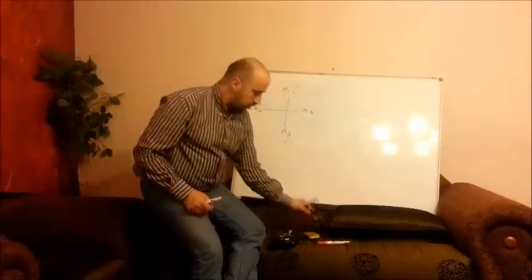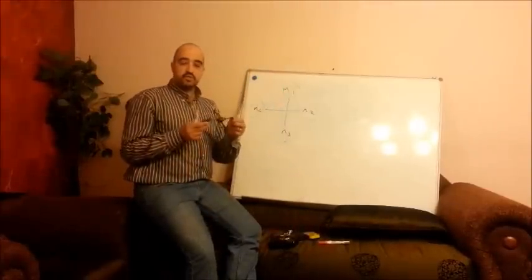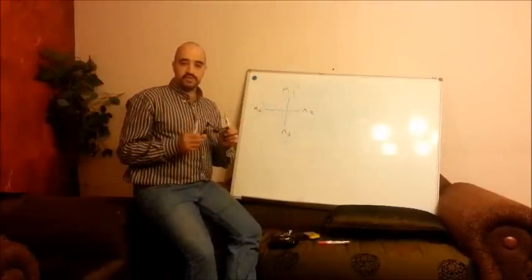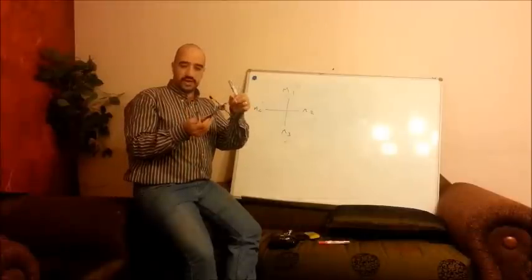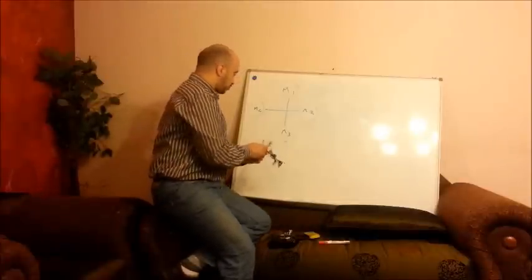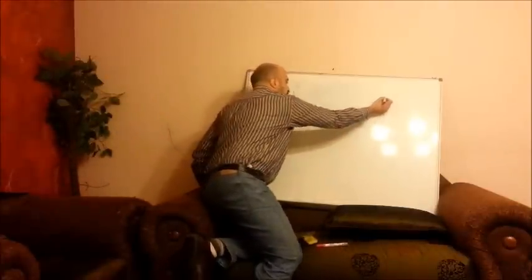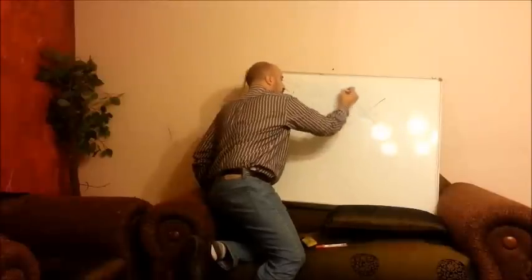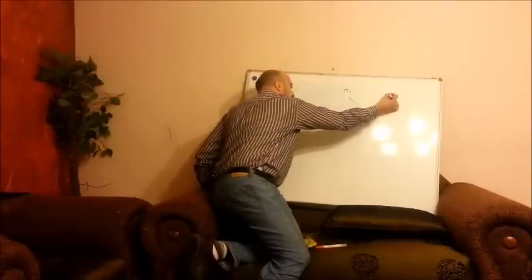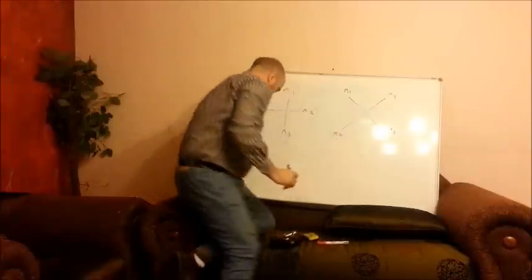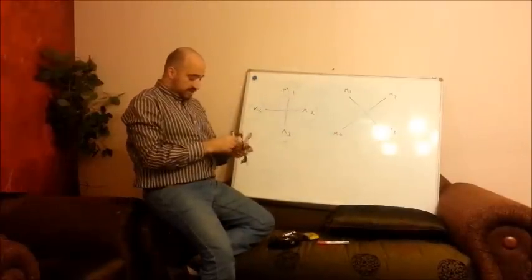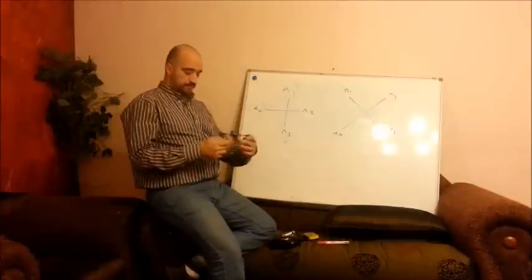Another thing for a quadcopter is that it has two famous flying configurations. It is either plus configuration or X configuration. X configuration is like that: M1, M2, M3, M4. The main difference between them is the following.